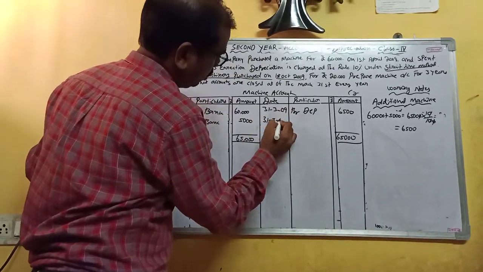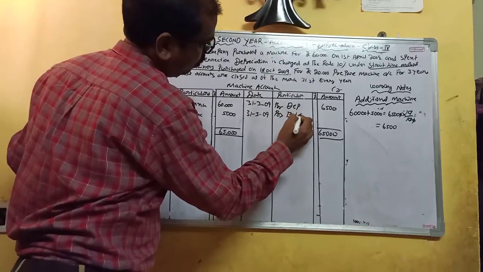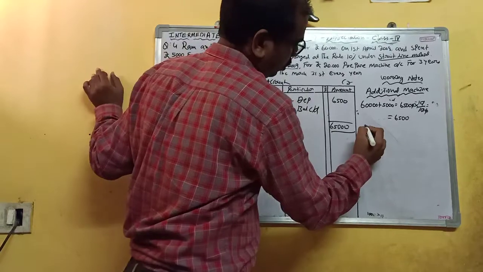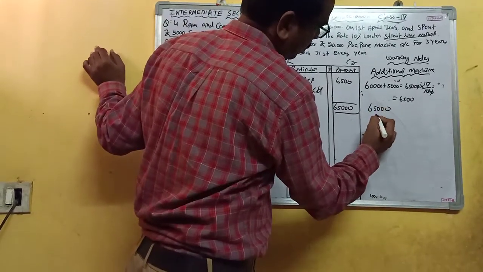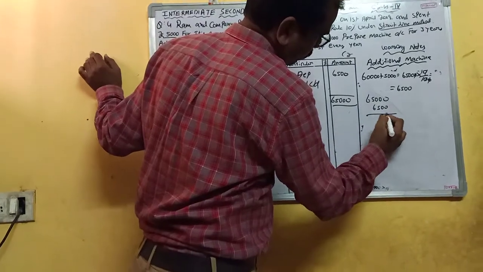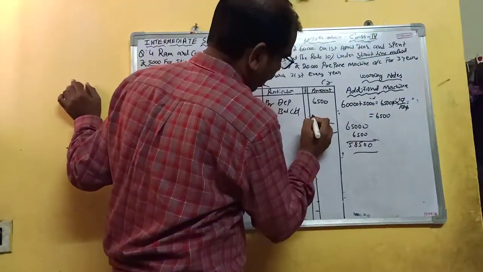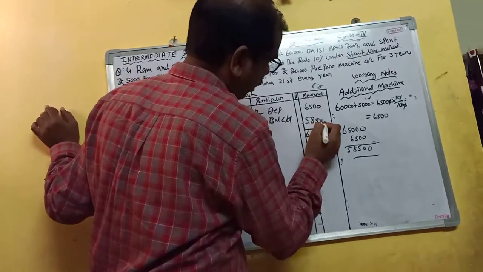31st March, by balance carried down. How much amount? 65,000 minus 6,500 is 58,500.